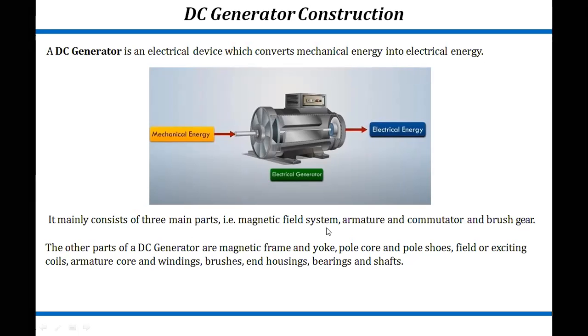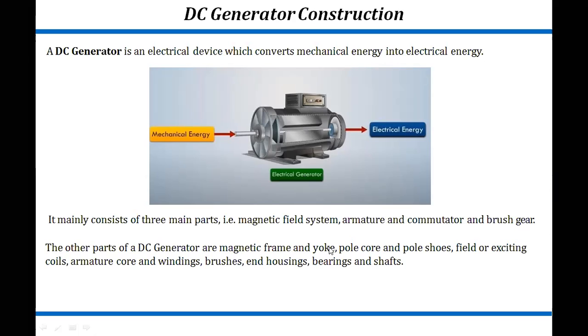Okay. So the construction consists of three main parts: the magnetic field system, armature winding, and commutator with brushes. The other parts of the DC generator are the magnetic frame, the outer covering, which is called the yoke.